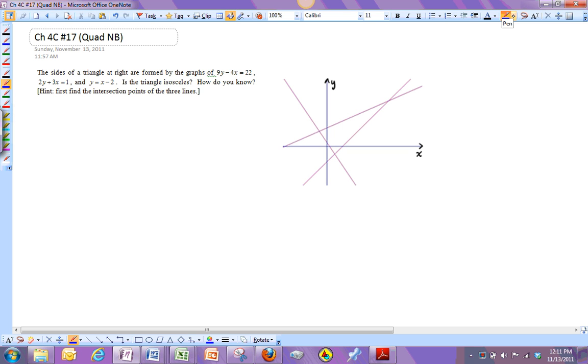So what we would need to do is figure out how long these three sides are, from here to here, and here to here, and here to here, and show that either two of them are the same or that they're all different.